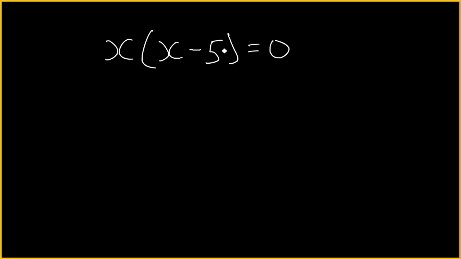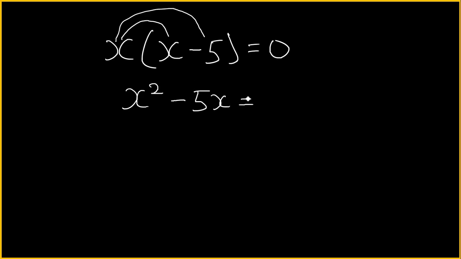This same equation could be expanded by taking off the bracket, which would be x multiplying x, that would be x squared, x multiplying negative 5, that would be minus 5x, equals 0.